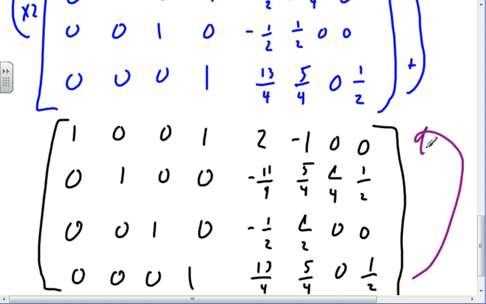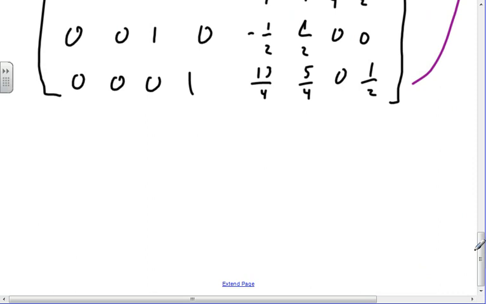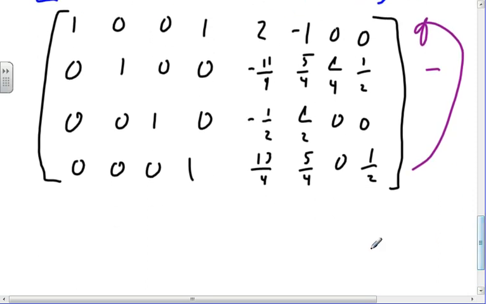So we're going to do a subtract. 1, 0, 0, 0. Okay, I got 13 quarters and I have 8 quarters. So that's going to be minus 5 quarters. I have 4 quarters minus 5 quarters, minus 9 quarters. 0, minus 1/2.